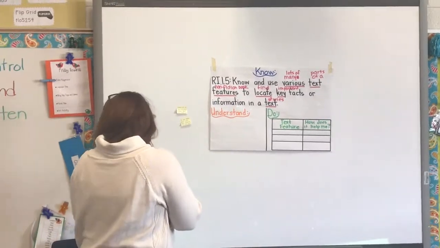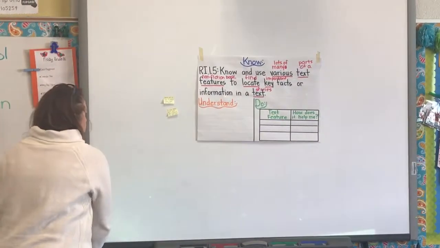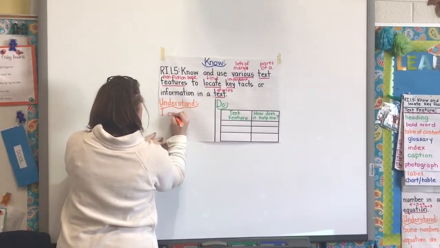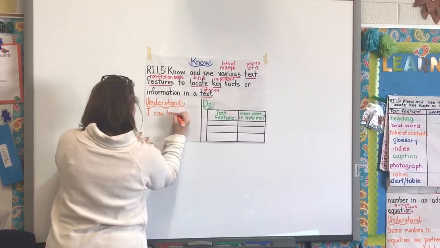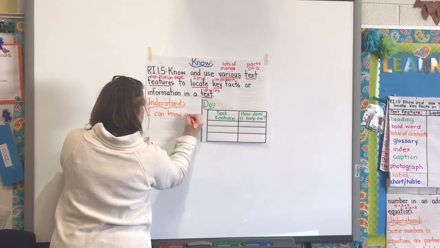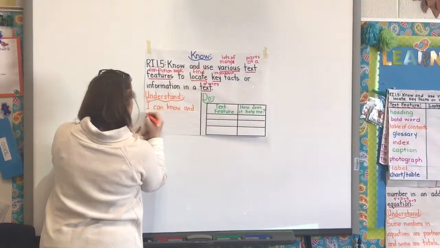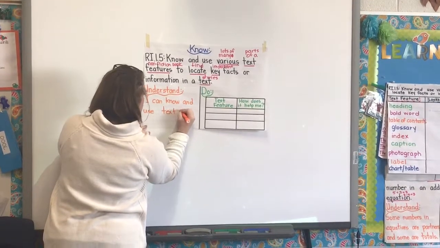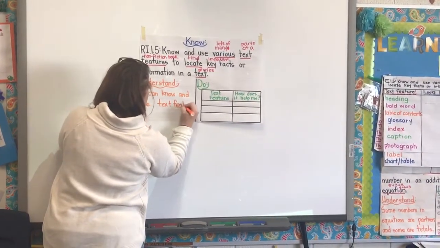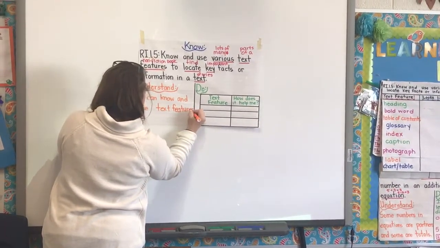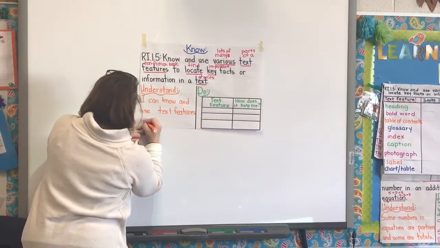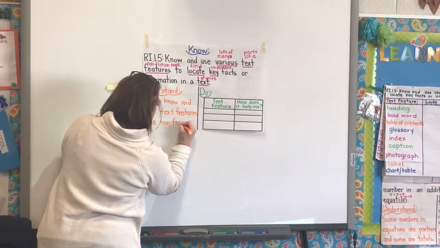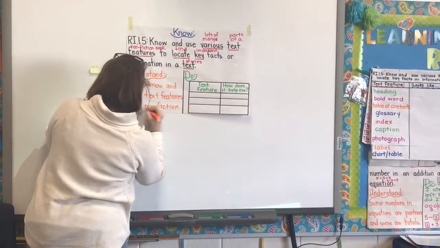So that's what we're going to write under understand. I can know and use, same words from up here, right? Text features, which we know what those are because we've been talking about them. Text features in a nonfiction text, and that means true, right?